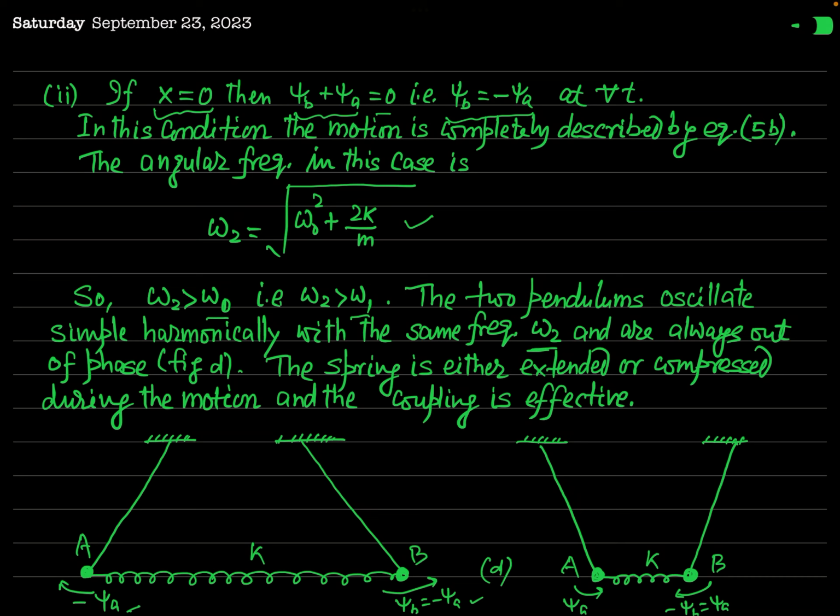But when psi A is equal to minus psi B, we say that the two pendulums are out of phase, meaning the phase difference between them is 180 degrees. In the first figure the spring is elongated, and in the second it is compressed, so the spring is either extended or compressed during the motion, and the coupling is effective.